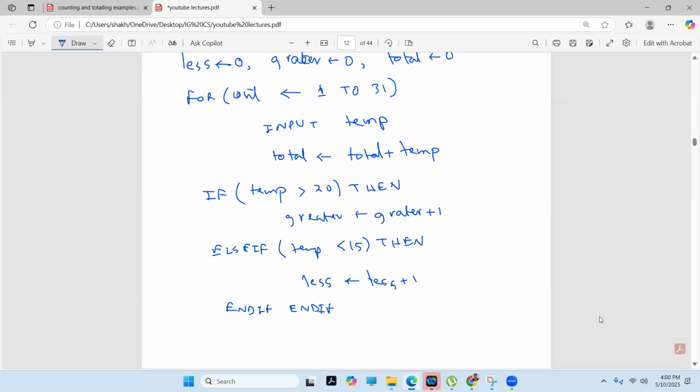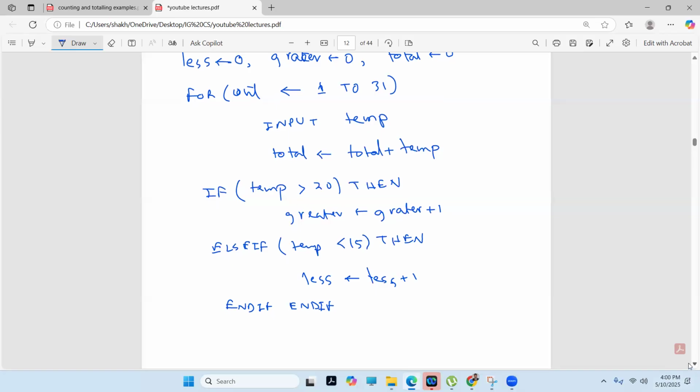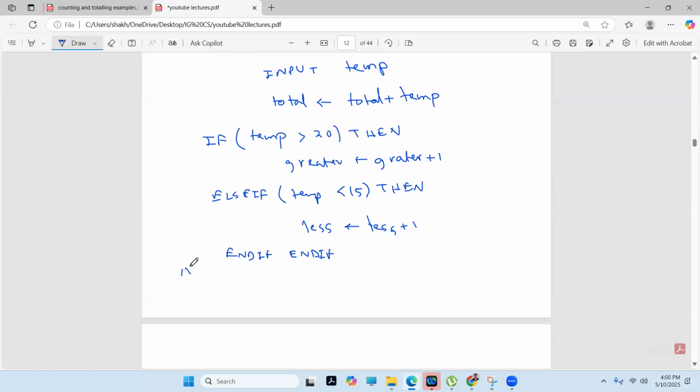Clear? Then we have to go for the next temperature, so we have to use next count.